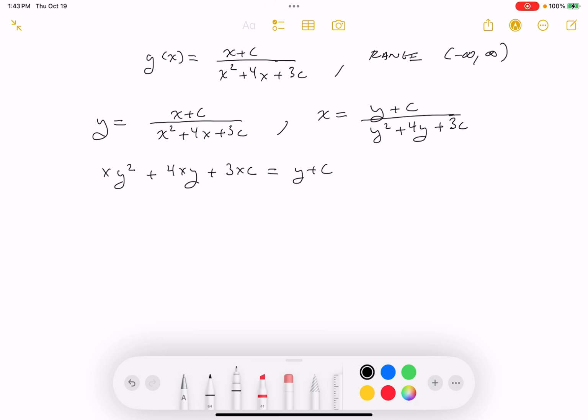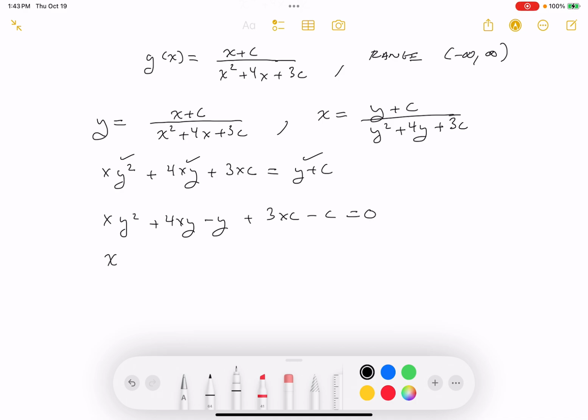And I really need to rewrite this so it looks more familiar to me. I'm going to say xy squared, and then I see plus 4xy minus y. I'm trying to solve for 0, by the way. I'm just writing the terms down as I see them. And then plus 3xc minus c equals 0.